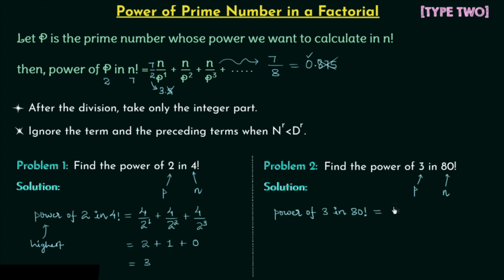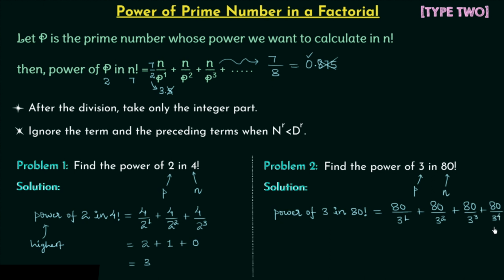This will be equal to 80 divided by 3 power 1. You can keep checking the formula, how we are following it. Then we will have 80 divided by 3 power 2. 3 power 2 is equal to 9 less than 80 plus 80 divided by 3 power 3. 3 power 3 is equal to 27. Still the numerator is larger.